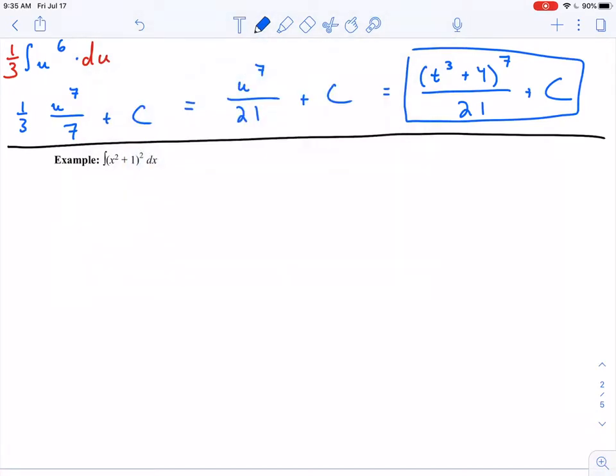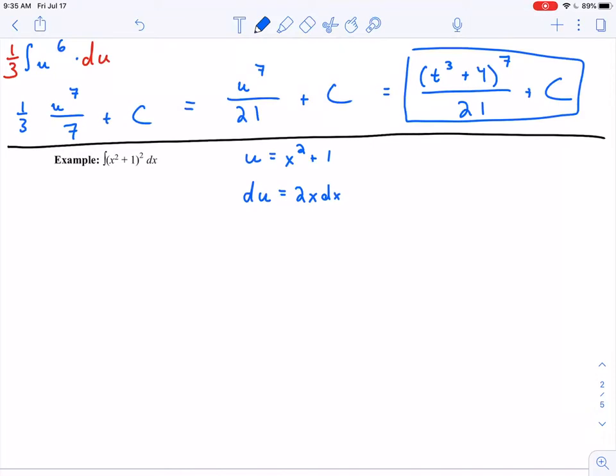This is not just x to some power, this is x squared plus 1 raised to some power. And we say, okay, I'm going to try substitution here. I'm going to choose u equal to x squared plus 1. So du would be 2x dx.